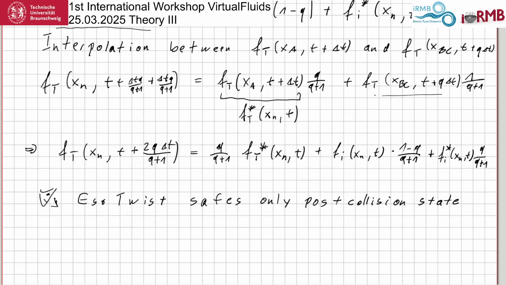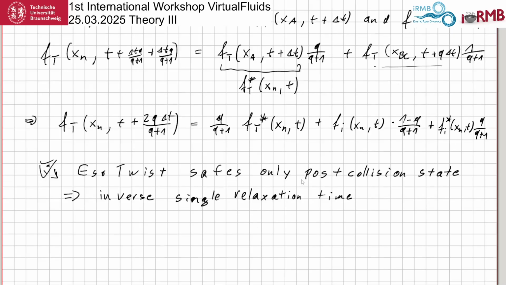So what we are now doing is we use a simplified inverse single relaxation time operator that gives us an approximation of the pre-collision distribution given the post-collision distribution. Okay? So how does this work?